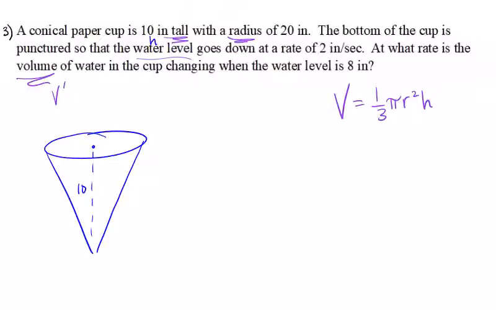And then it also tells us that the radius is 20 inches. Okay, so radius here is 20 inches. So that's this. And you can see that my cone isn't drawn to scale, right? This cone would be wider than it is tall, and that's not the way mine looks. But that's okay. You don't necessarily have to draw it to scale.